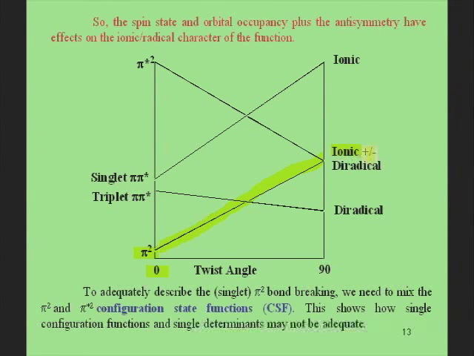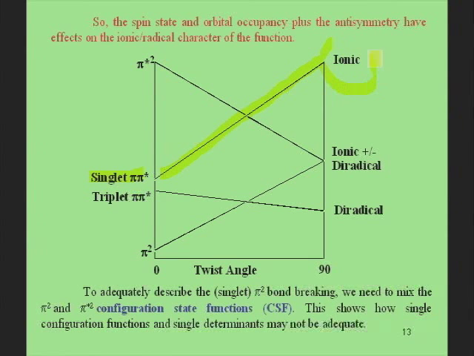The pi star squared determinant, when we twisted it, gave a combination that was ionic minus diradical. The triplet pi star determinant, when twisted, gave something that was only diradical. And the singlet pi star, when we twisted it, gave something that was only ionic. So all of these are screwed up.